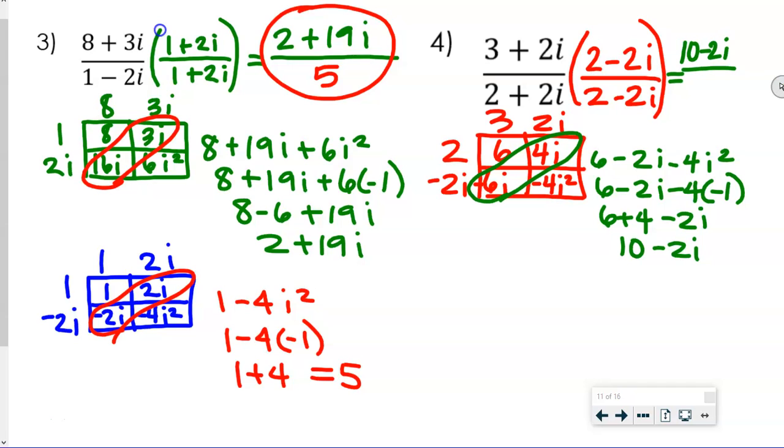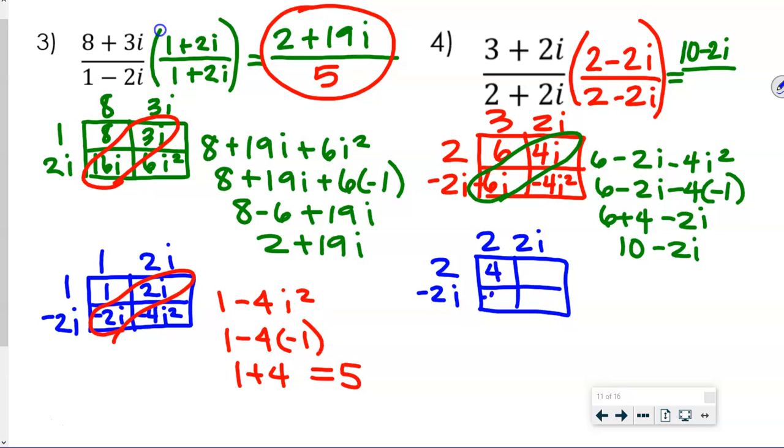Now we're going to do our denominator again. So we're going to do our 2 and our 2i and our 2 and our minus 2i, right? 2 times 2 is 4. This is negative 4i, positive 4i. Negative 2i times 2i is negative 4i squared.